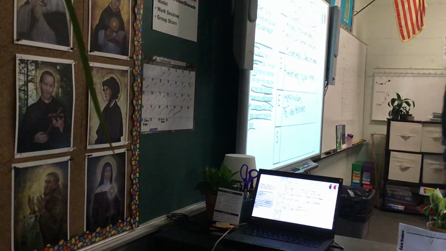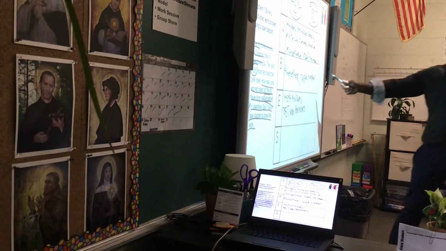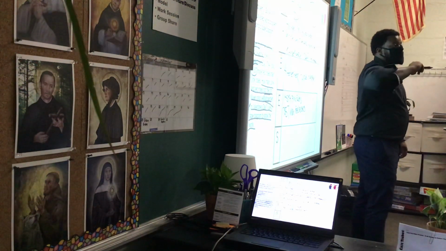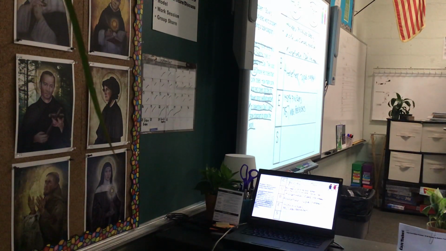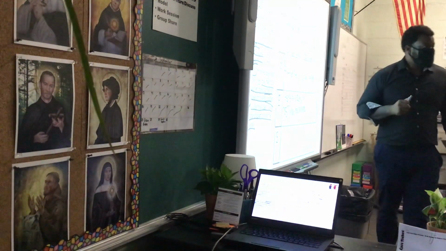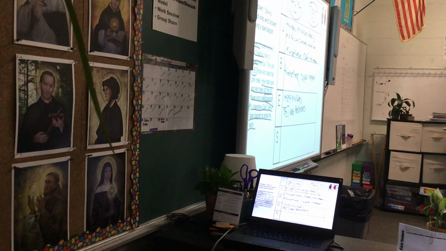Who has this for B? What do you have for B, sir? I'm still writing. What would you put in B? What did I say? What is the key math word we have to put in?